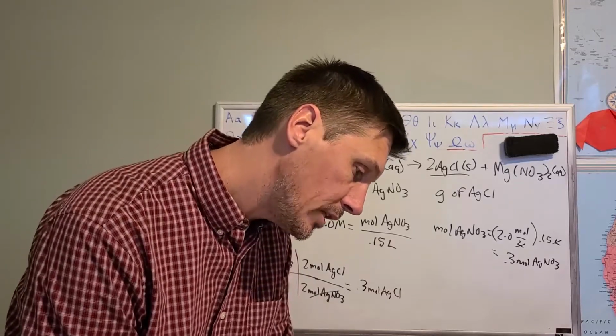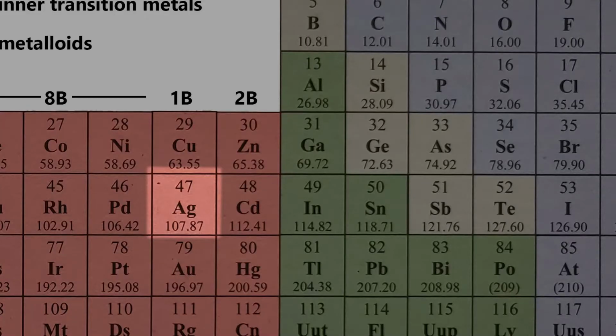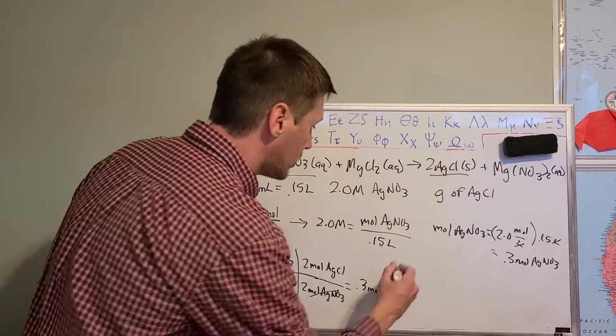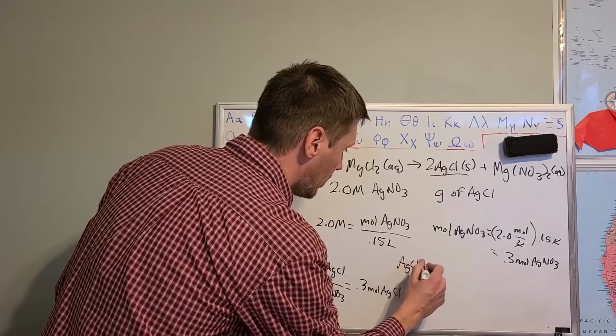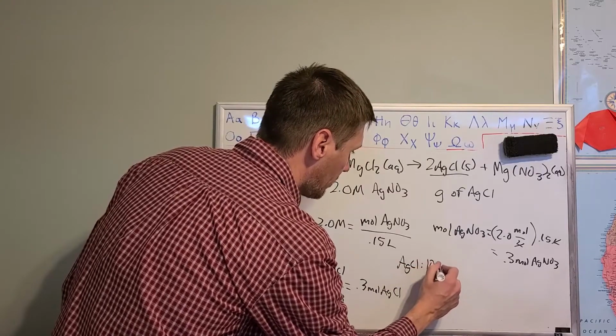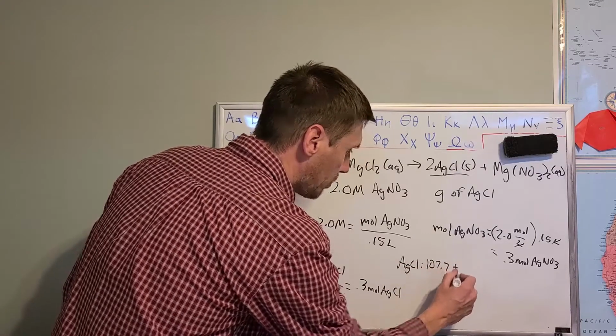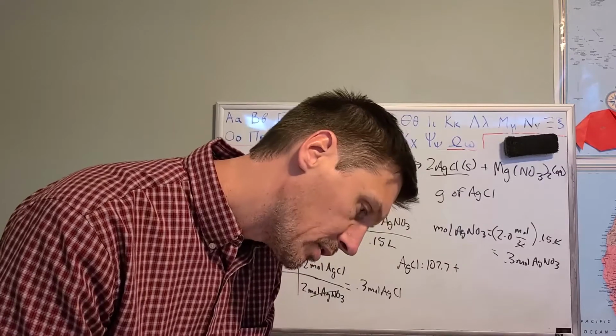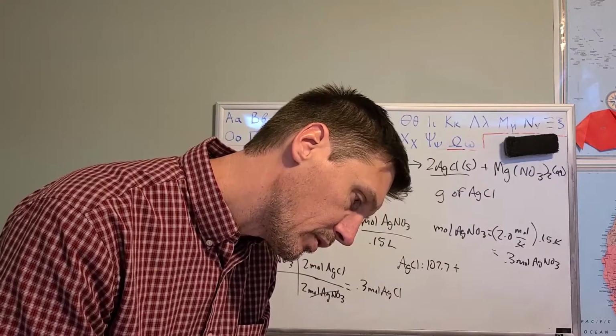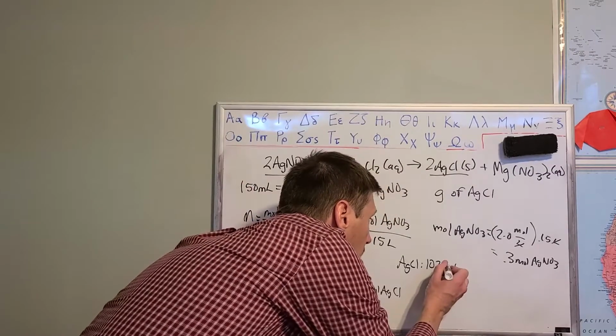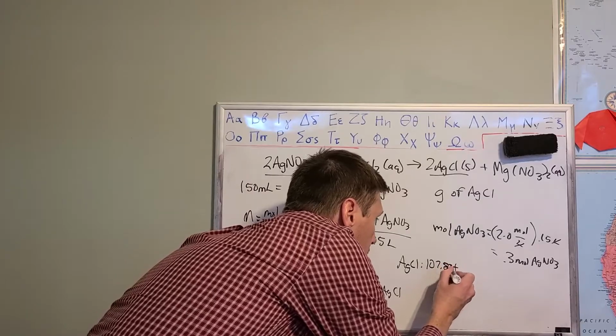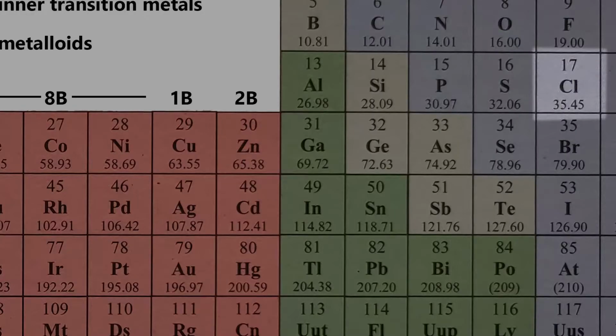We see that Ag is 107.87. So AgCl is 107.87 plus Cl, which is 35.45.